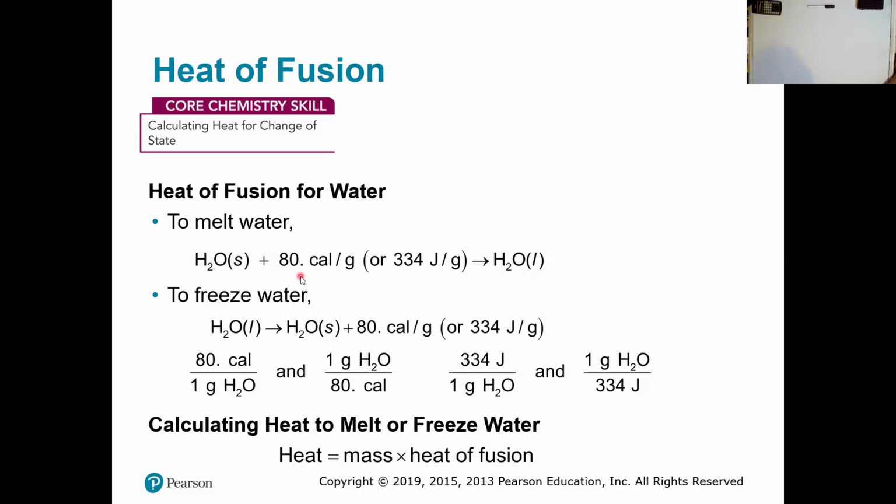Okay, so 80 calories is the amount of heat energy that you need to add to 1 gram of ice to turn it into liquid water. That energy amount represented in joules is 334 joules. And just remember, the only difference between 80 calories and 334 joules is that conversion factor that we talked about.